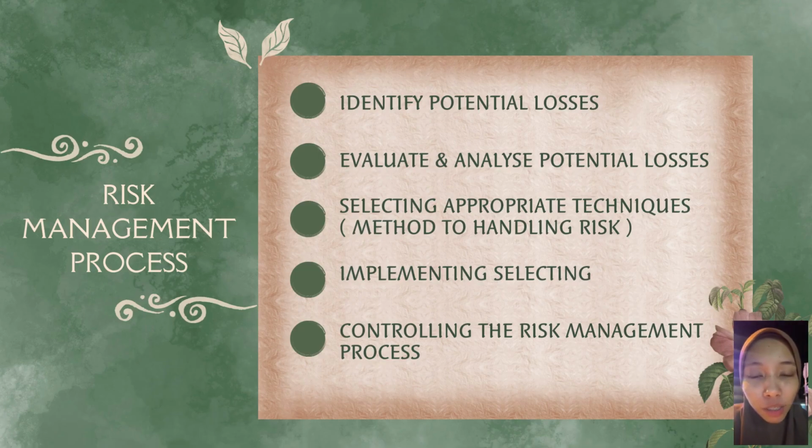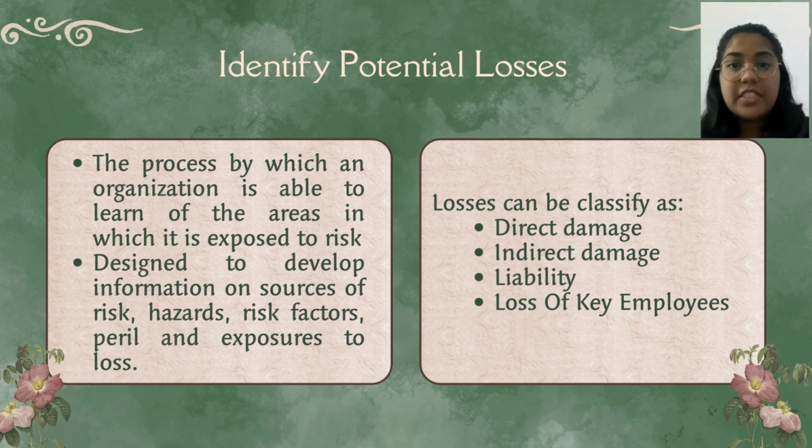So this is the risk management process. First is identify potential losses, evaluate and analyze potential losses, selecting appropriate technique, which is the method of handling risk, implementing, and the last one is controlling the risk management process. The first process is identifying potential losses.